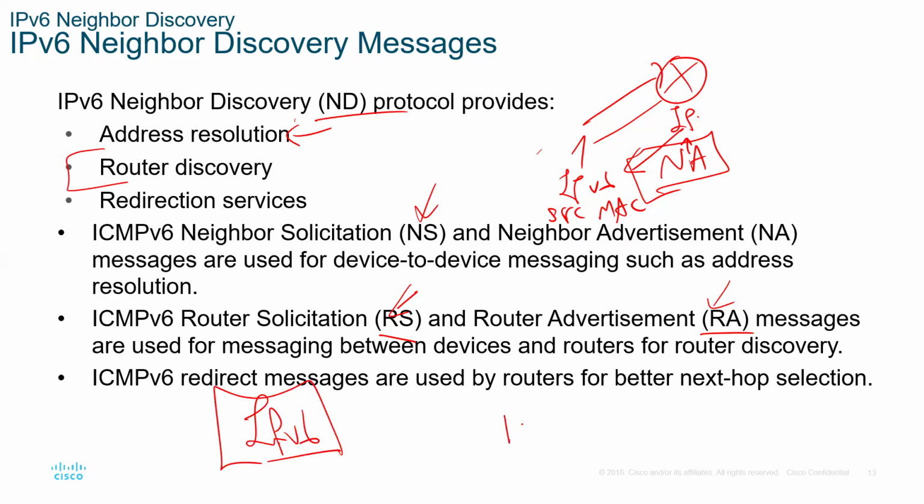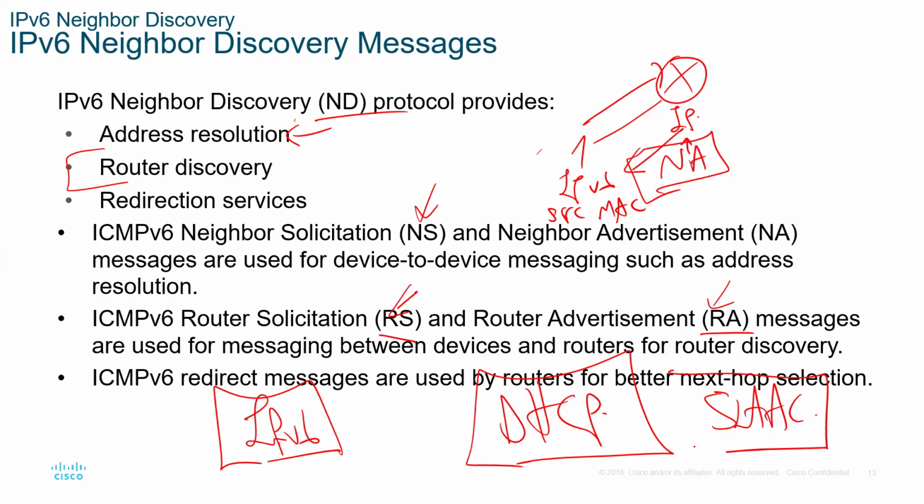In IPv4, we have DHCP. In IPv6, we also have DHCP, but there is something we call SLAAC, and it makes use of the exchange of these messages. A device sends an RS, the router responds with an RA.